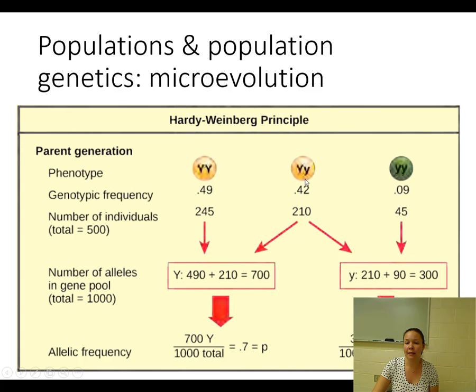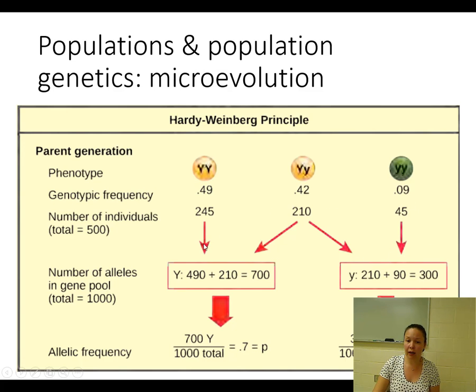The one that has the mix, but the dominant color, is called heterozygous. And the green one over here is called homozygous recessive for the fact that you have the recessive color. So you can see just based on these numbers, there's a lot less of the recessive ones, homozygous recessive, than the other two. And so scientists can study how populations are changing based on what the numbers are of these different types of alleles in the population.